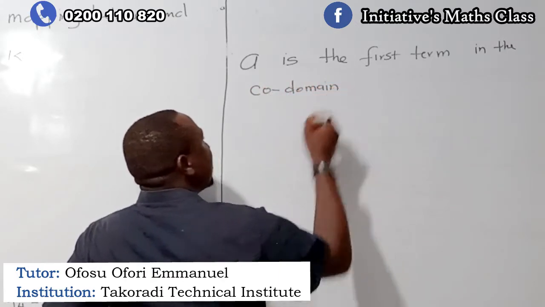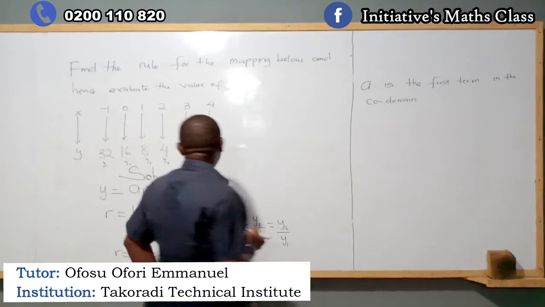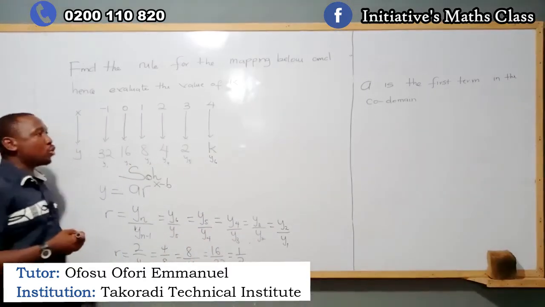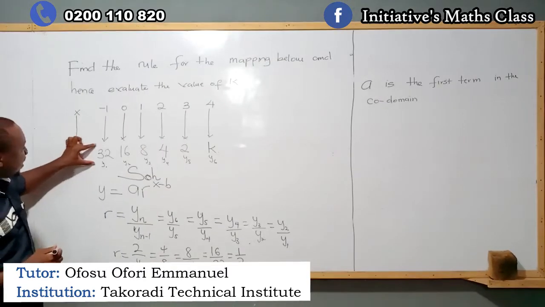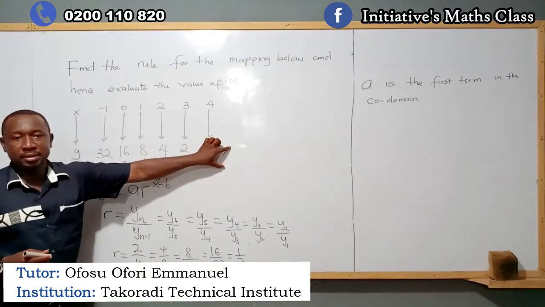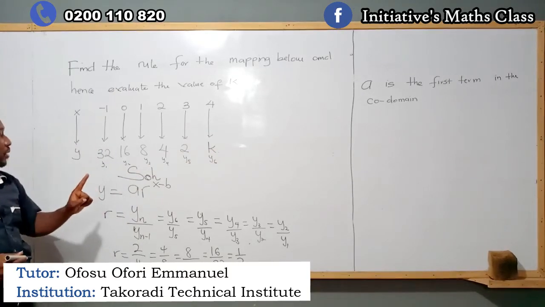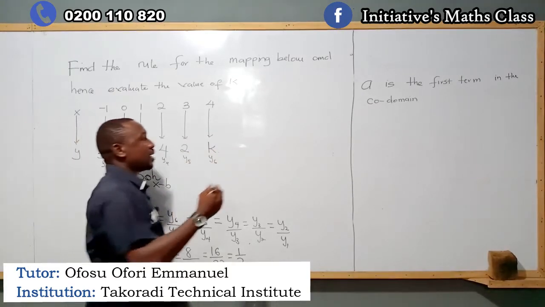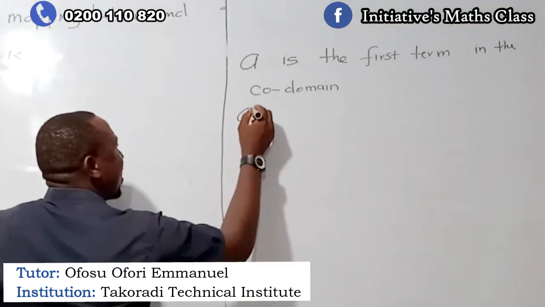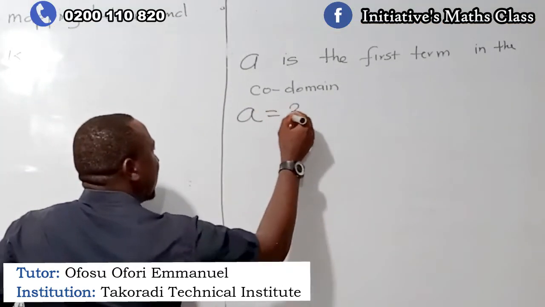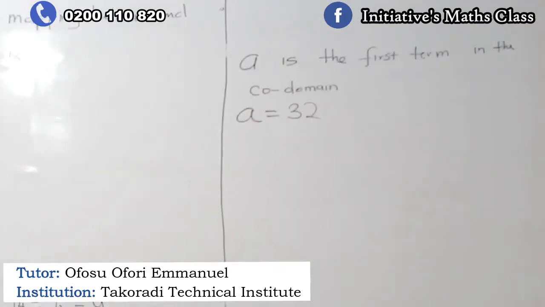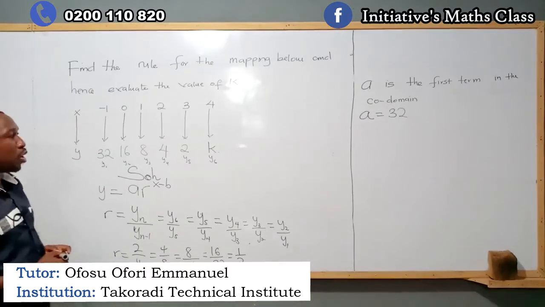A is the first term in the codomain. And let's look at the first term in the codomain. Here represents the codomain. So if A is the first term in the codomain, then it means A is equal to 32.